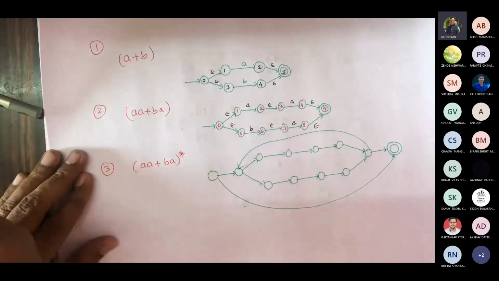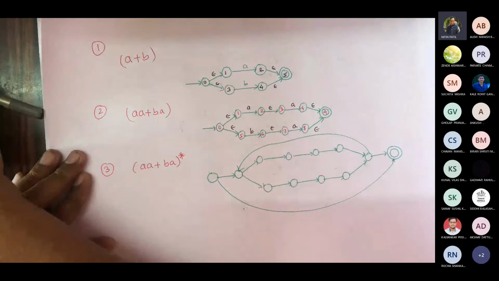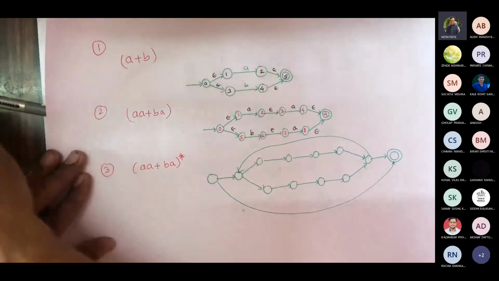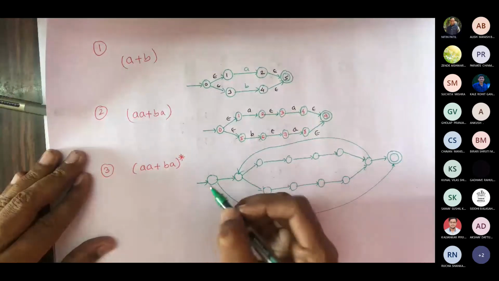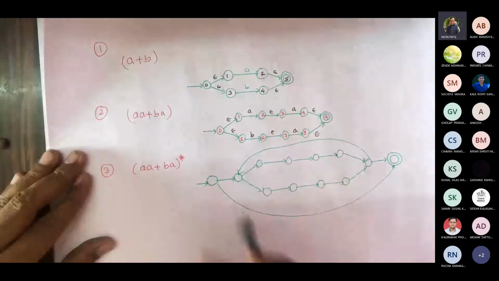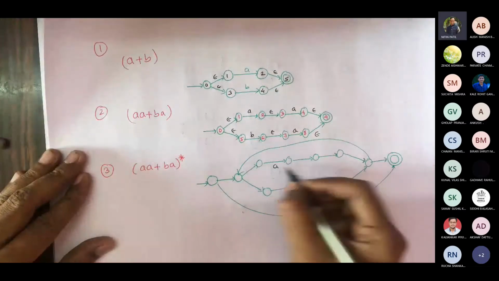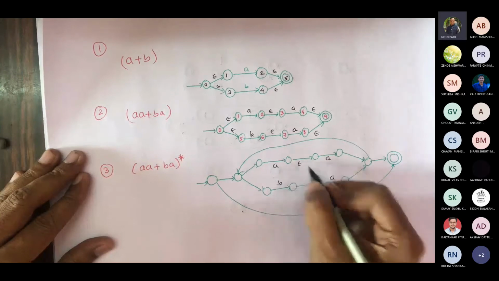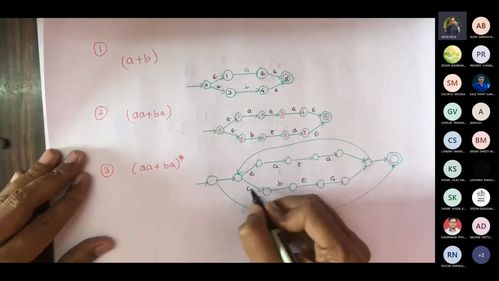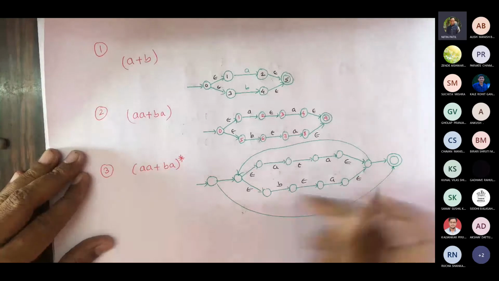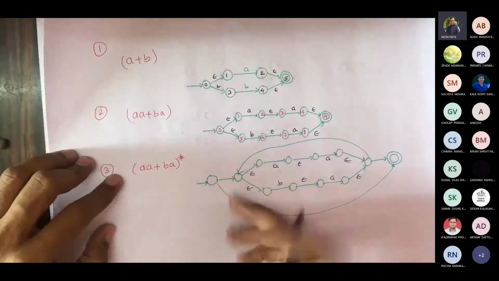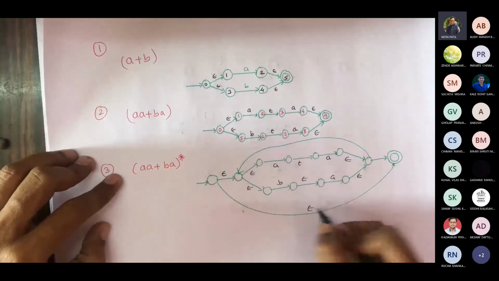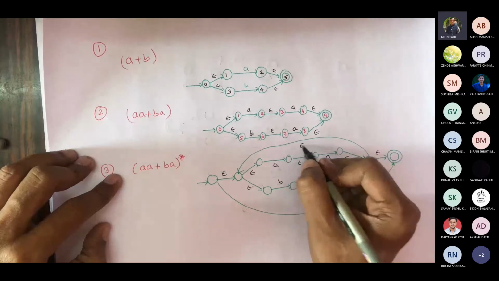Let us mark the initial. Now we have to write the weights. This is A, this is B, A, epsilon, epsilon, epsilon, epsilon, epsilon, epsilon. This is A plus BA. Now for the star, epsilon, epsilon, epsilon, epsilon.